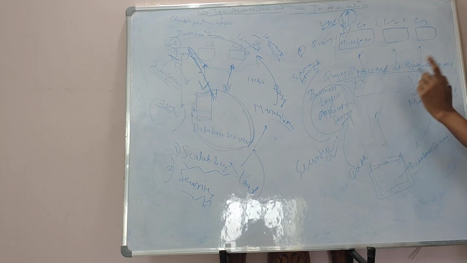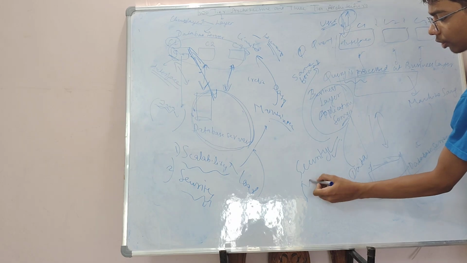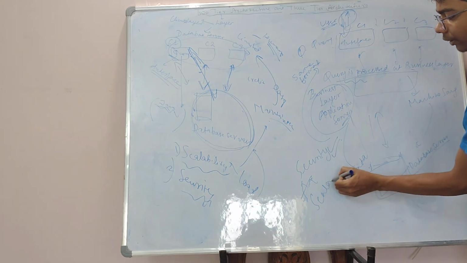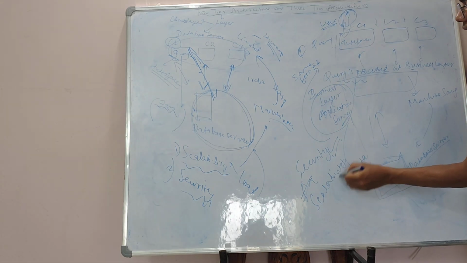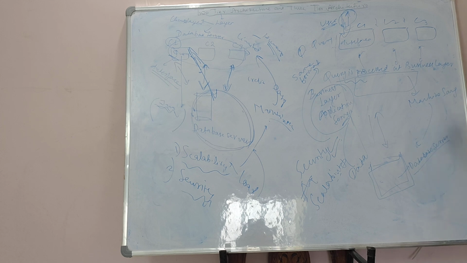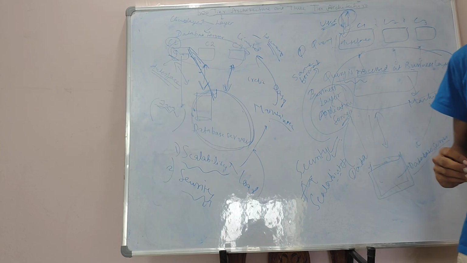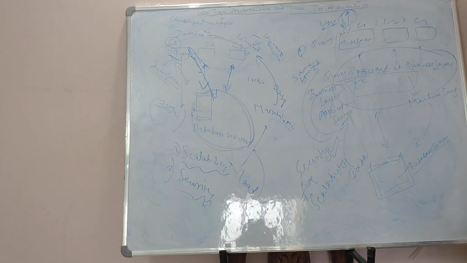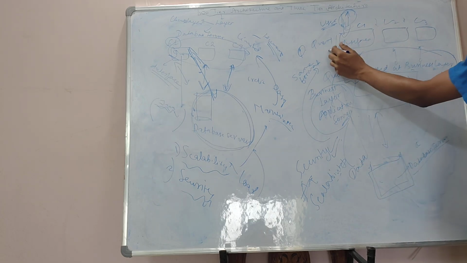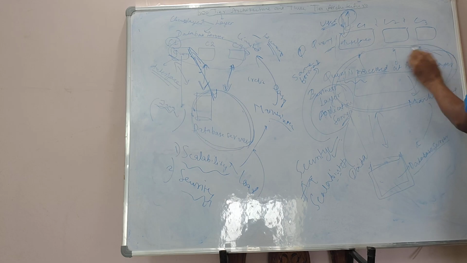Now the second advantage is scalability. This is easier because no matter how many users there are, the entire load will be on the business layer and it won't be problematic for the database server. So no load on the database server, no matter how many queries there are, as they will be processed at the business layer.